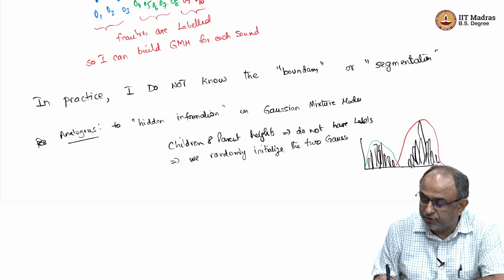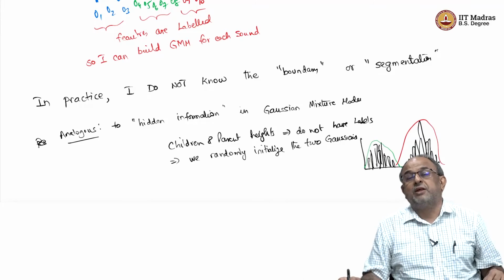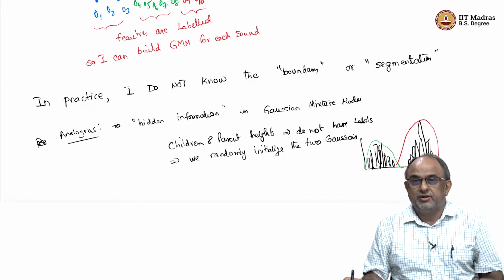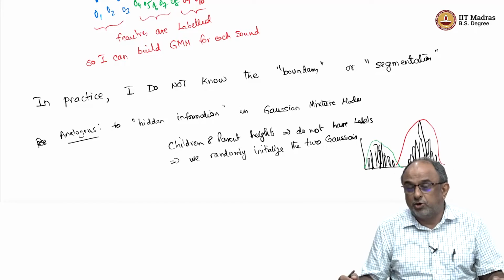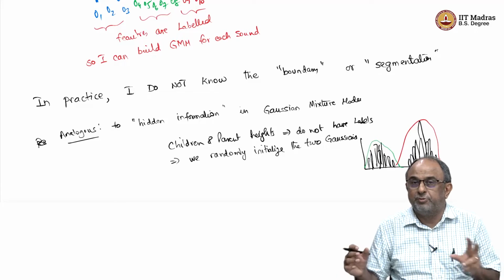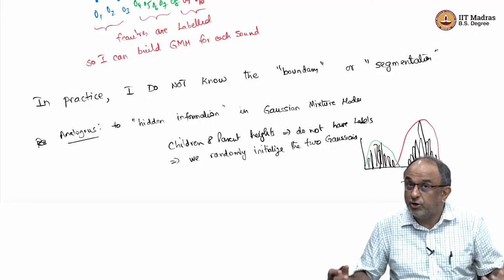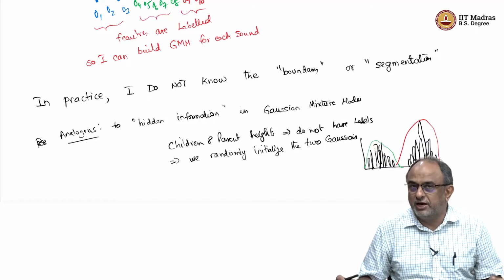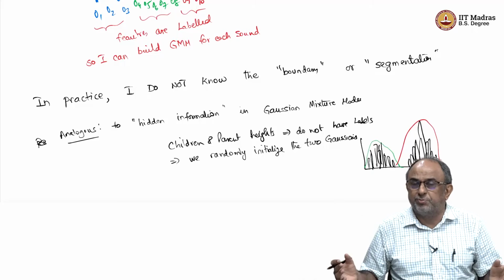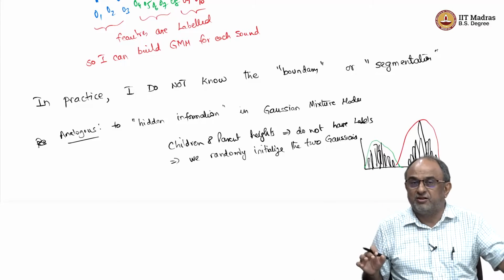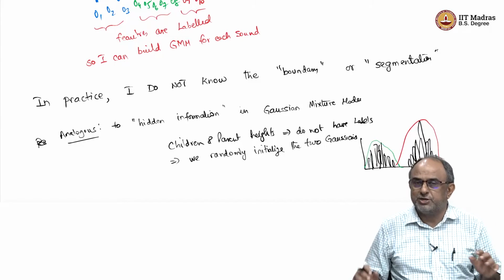If you have forgotten, please go back and see my lecture where I talked about this same problem of children and parents in a park where we do not have the height. How do we model this by a mixture of two Gaussians, right? And I don't know what are the means, variances, nothing I know, right? Because I have only height measurements from 20,000, 100,000 people with no label saying that's a child or a parent. Only the measurements are there, right?